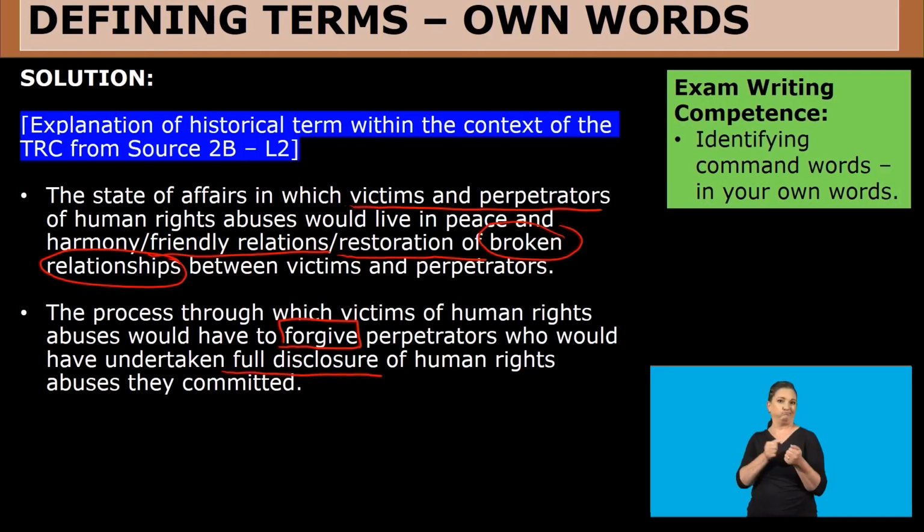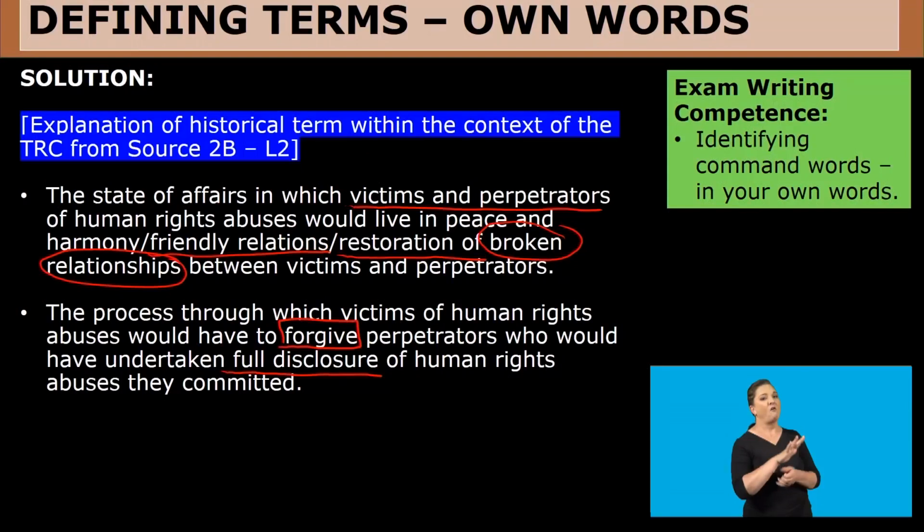Now remember, that was one of the expectations of the TRC that the people coming forward before it would have to give full disclosure. So once those people had given full disclosure, the expectation was that the victims would then forgive the perpetrators who would have undertaken full disclosure of human rights abuses they committed.